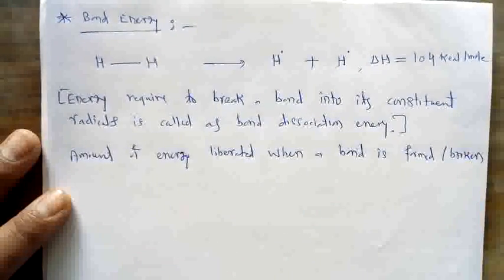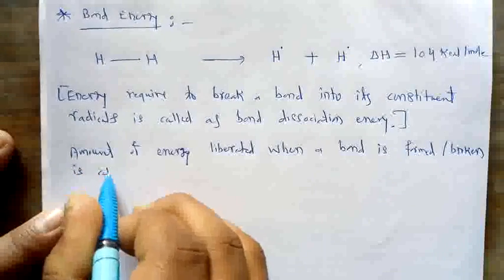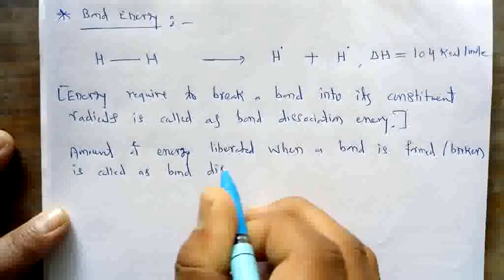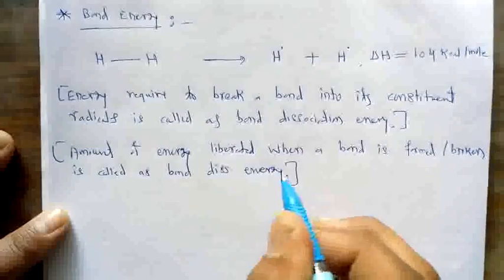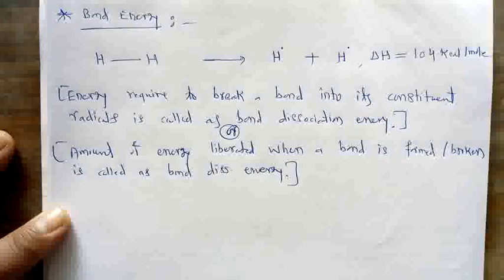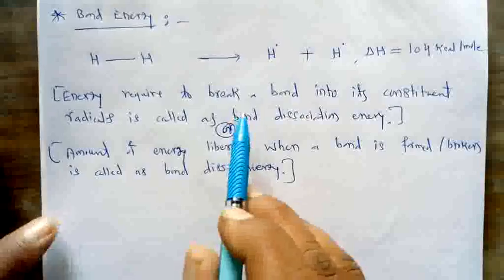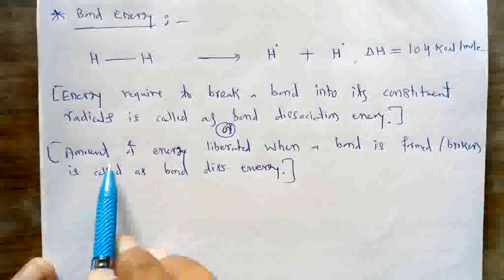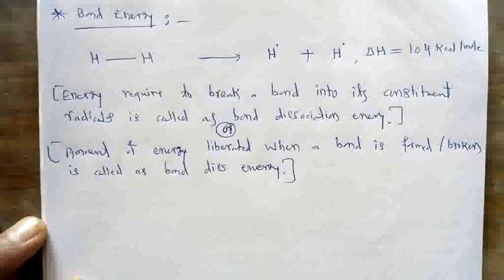So these are the two different definitions of bond dissociation energy. First, the energy required to break a bond into its constituent radicals is called the bond dissociation energy, or the amount of energy liberated when a bond is formed or broken is also called the bond dissociation energy.